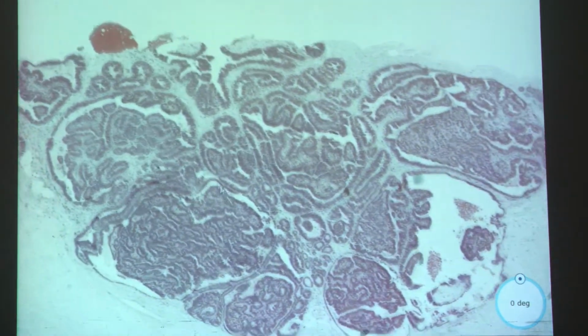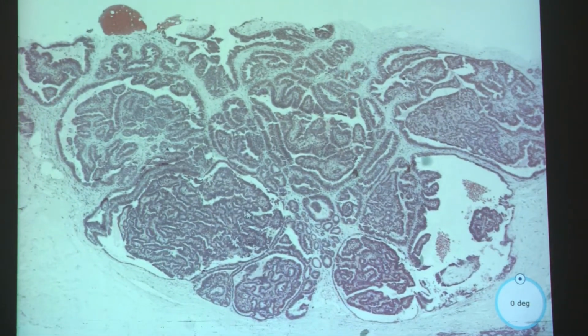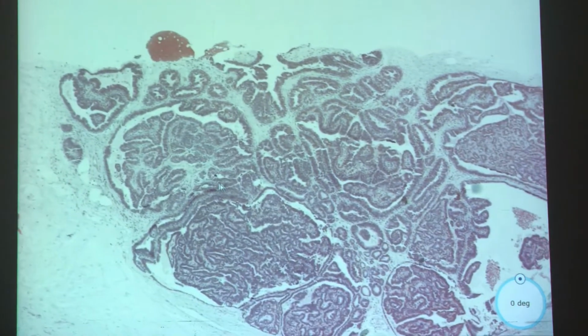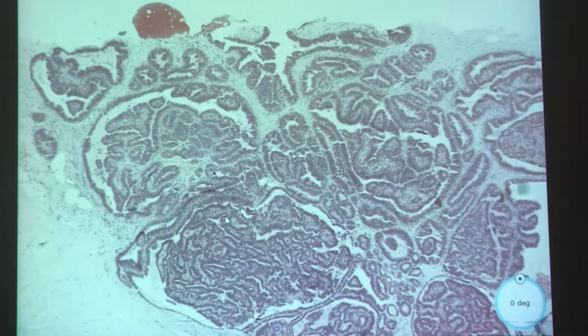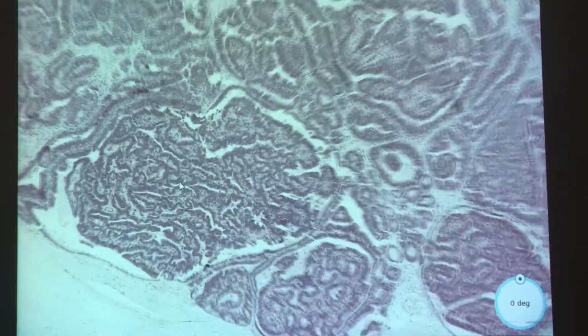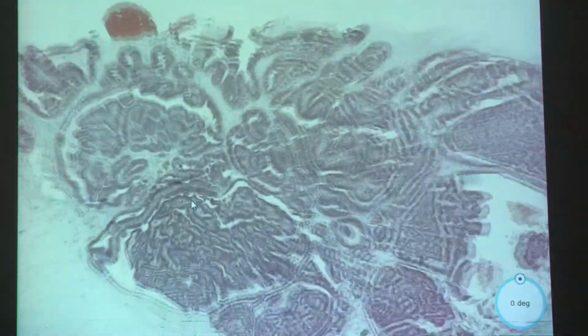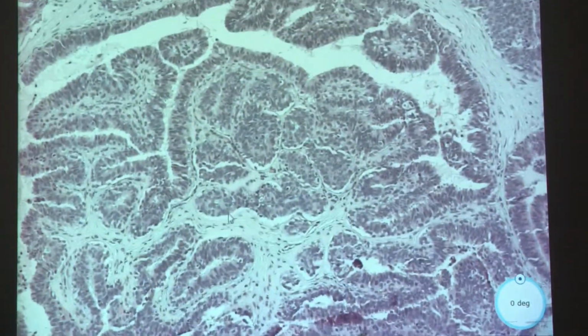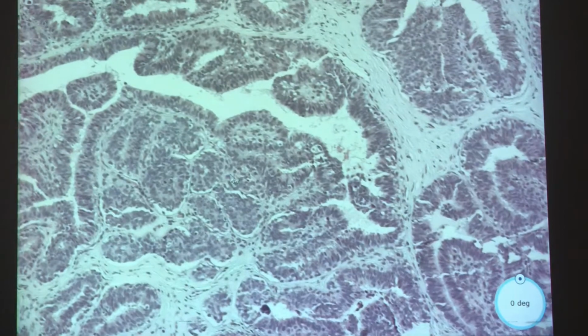So this does not look like normal breast ducts. Right. It's very papillary. Excellent. Kind of looks like a brain, but that's beside the point. A little bit, yeah. So focusing in, we have these papillary projections.